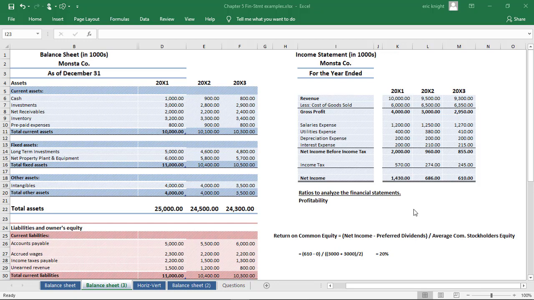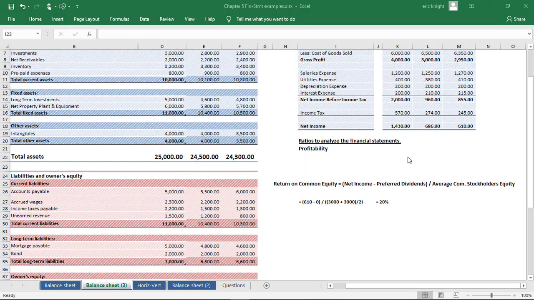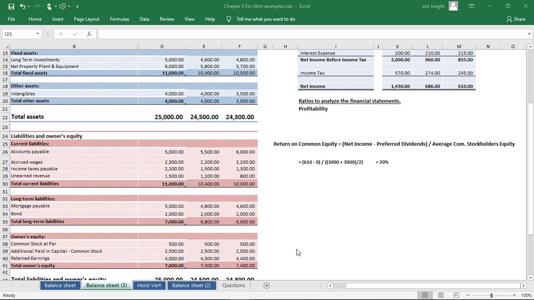Okay, so there are no preferred dividends or anything like that, so we take the net income and divide it by the average stockholders' equity. The stockholders' equity is the common stock plus the additional paid-in capital. 500 is common stock, additional paid-in capital of common stock is 2,500. So those two together are 3,000.